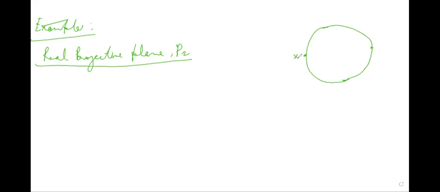We can consider this x0, that they will be identified, and this is one arc A, this is another, right? So this will be identified with these, like this. So this will go to here and like this.